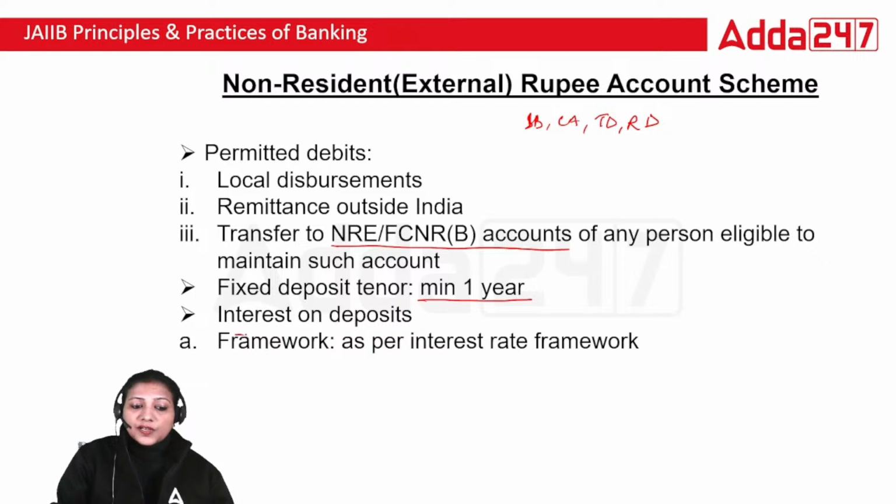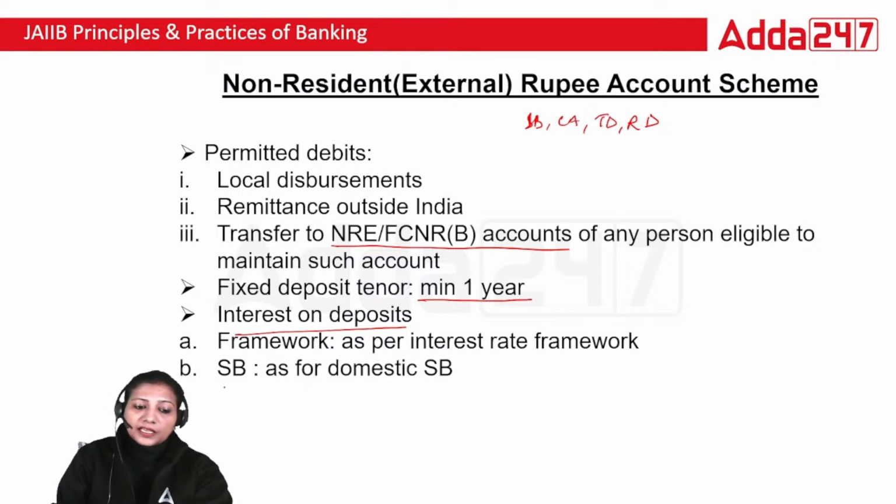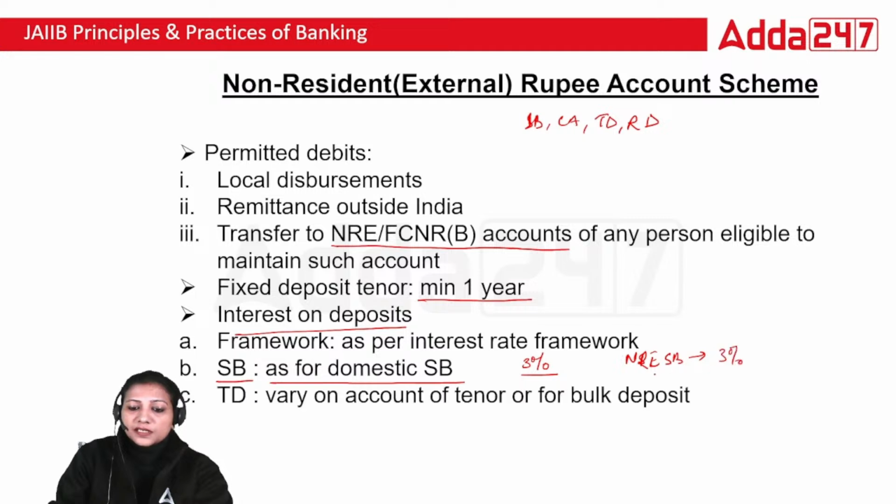Sorry, interest on deposits. What is the framework for interest on deposits that the NRI will get on the NRE account? In a savings account, it will be as per domestic savings. If the domestic savings account is giving 3%, then the NRE savings account will give a similar percentage.